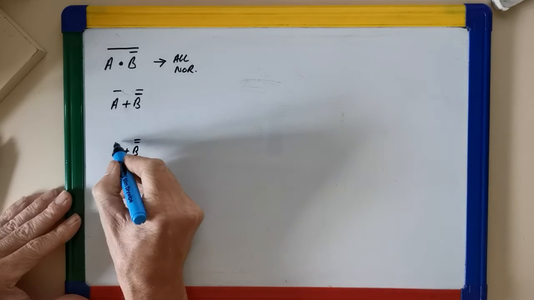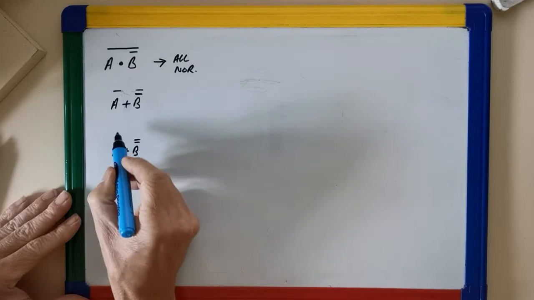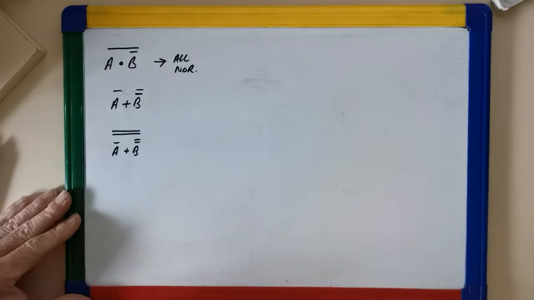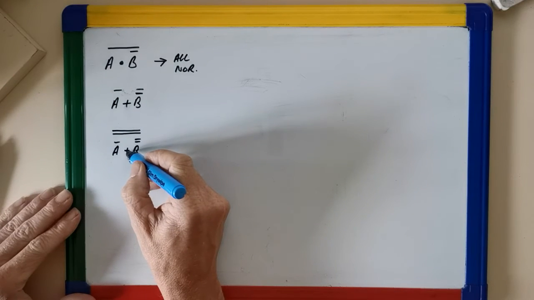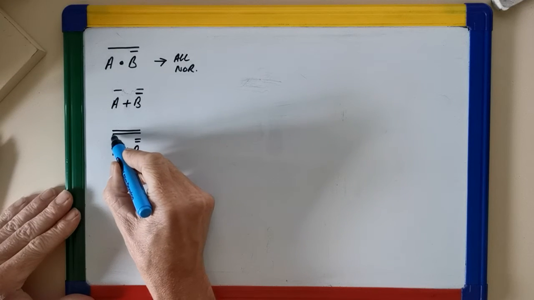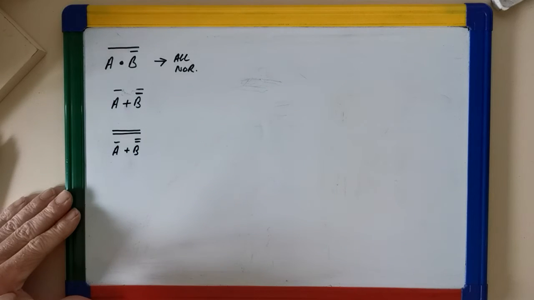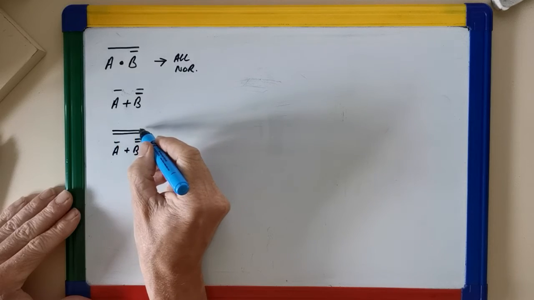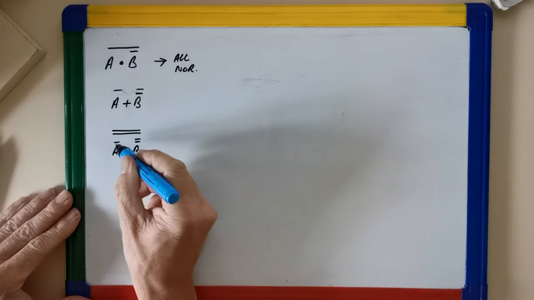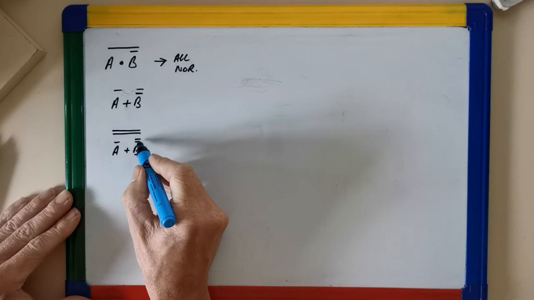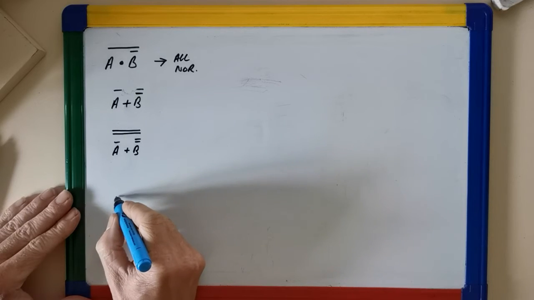So this is the same as this, and if we add two lines across the top, then the plus symbol and the lower of the two lines represents a NOR gate, and the top line is an inverter, as are the other three. And of course we can cancel out these two short ones if we like.